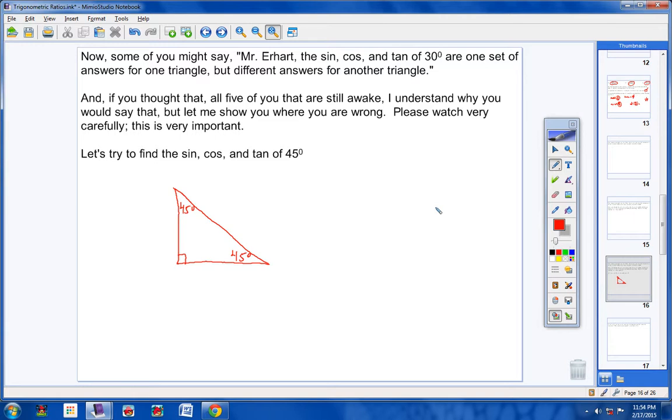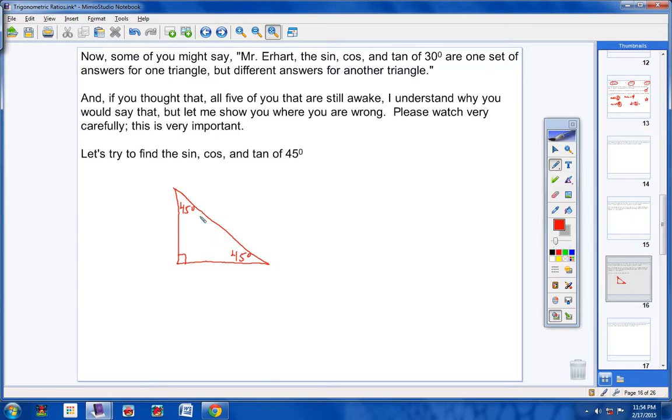To use sine, cosine, and tangent, you can only use those on right triangles. That would also be true for cosecant, secant, and cotangent when we get to those later on next year, okay? For you juniors next year. They will not work on any other triangle.